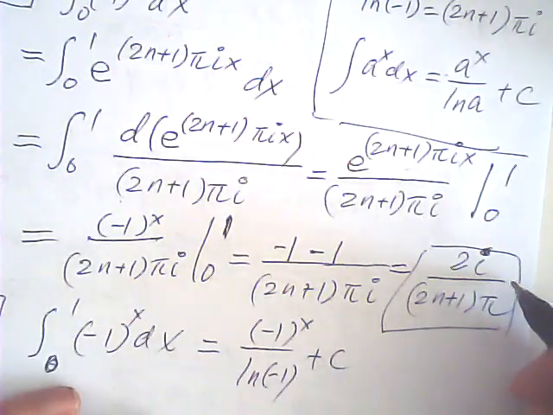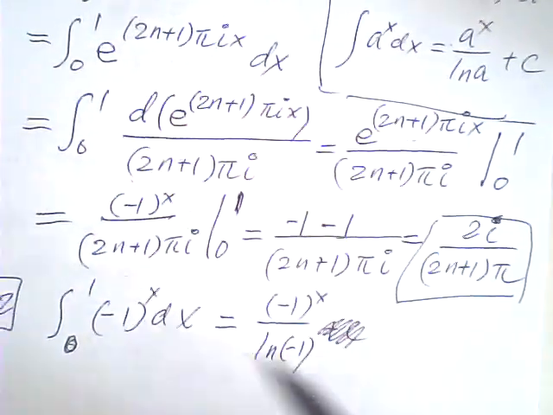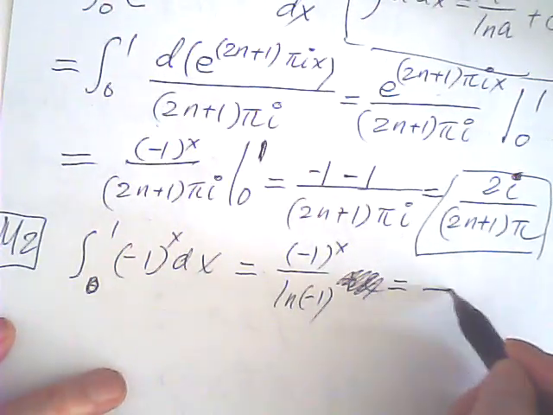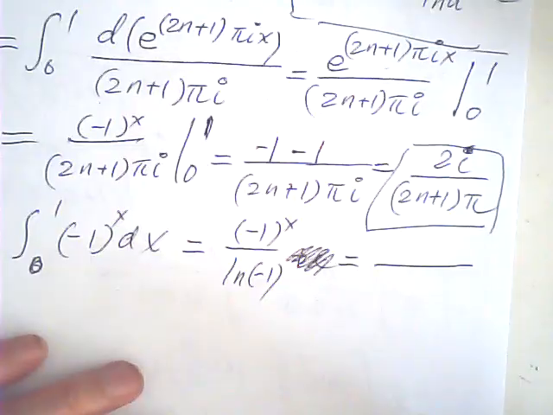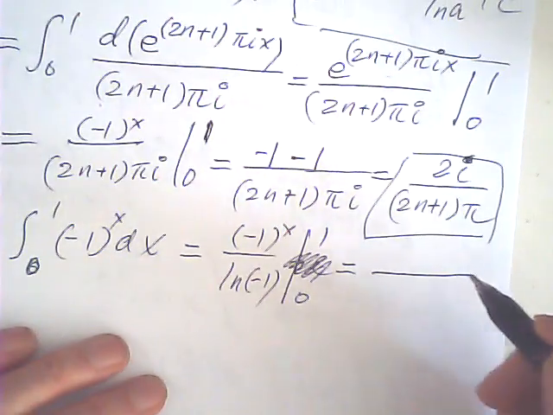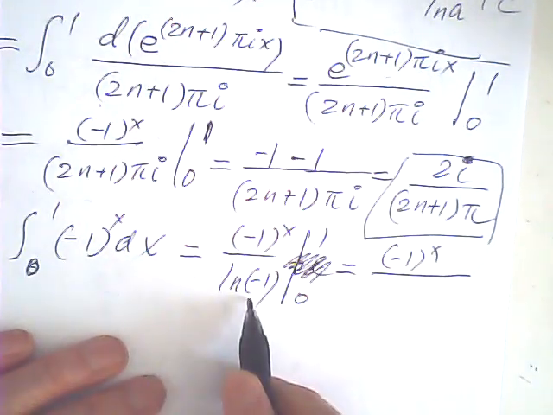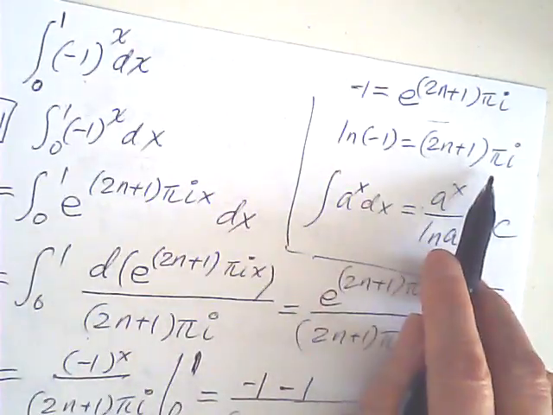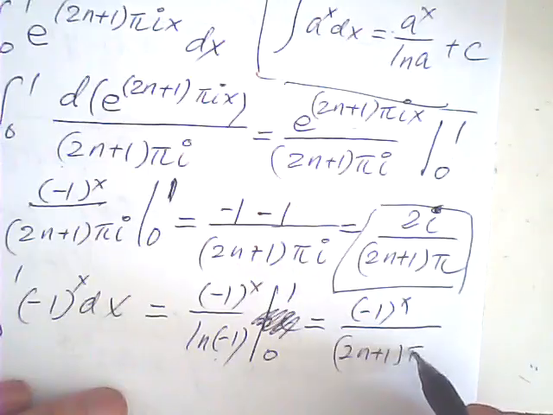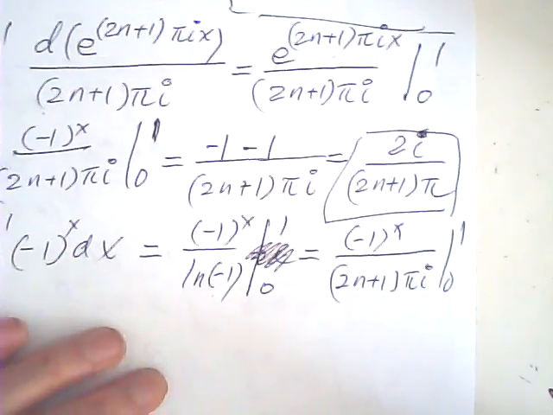No plus c, I'm sorry, this is a definite integral. From 0 to 1. Oh, we forgot something. It's negative 1 to the x. This log of negative 1 is this, so it's (2n plus 1) pi i, from 0 to 1.